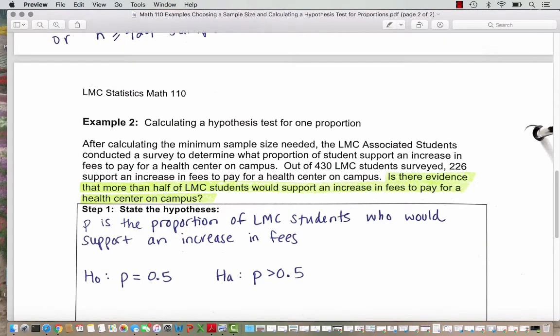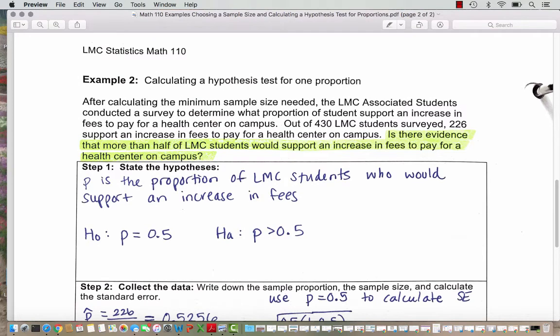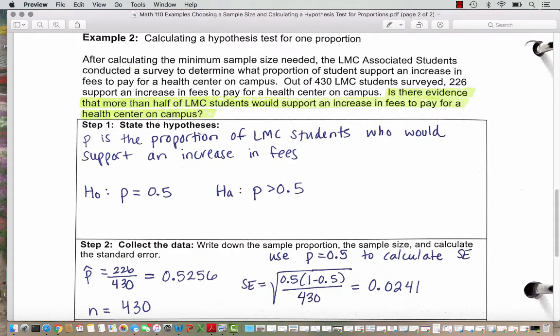In example 2, we are going to calculate a hypothesis test for one proportion. After calculating the minimum sample size needed, the LMC associated students conducted a survey to determine what proportion of students support an increase in fees to pay for a health center on campus.